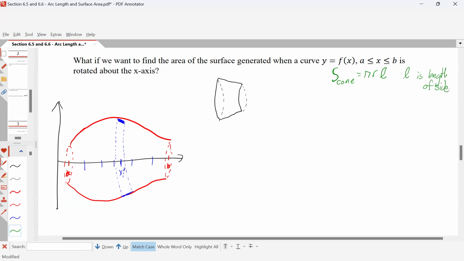In this case, recall in our last videos talking about arc length, L ultimately, when we take all of these little cone-like pieces and add them up, L will become the arc length of the solid.